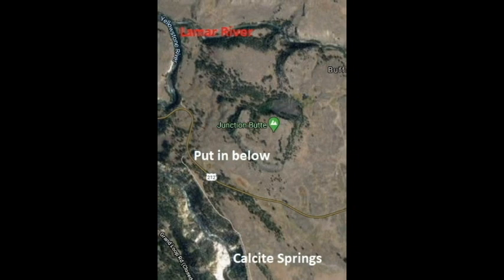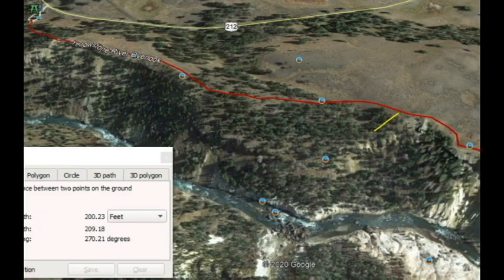Below the home of brown, there's a couple of spots we could put in. One is at the bridge by the road. I did search down here, down by the river. But another spot over here is a picnic area that leads to the trail, the Yellowstone River Overlook Trail.